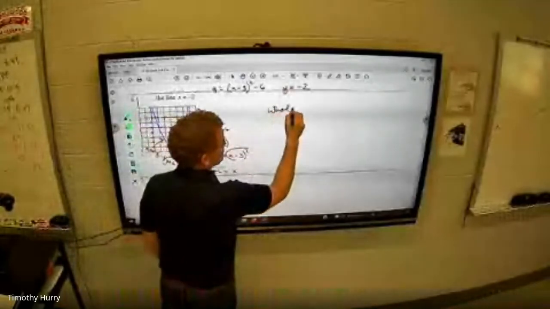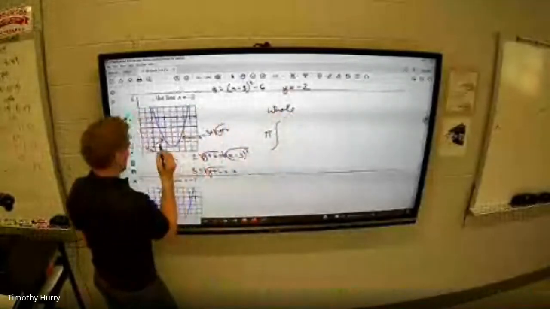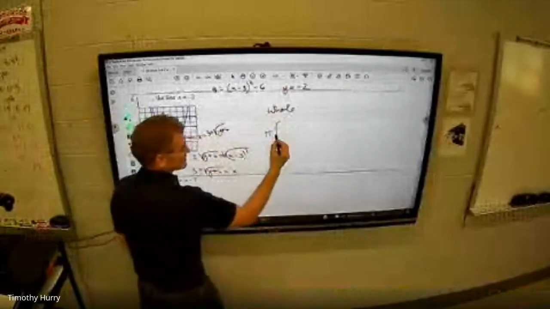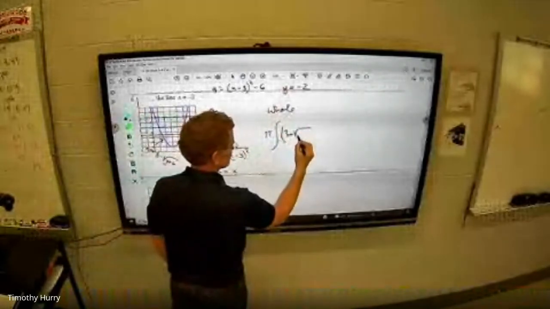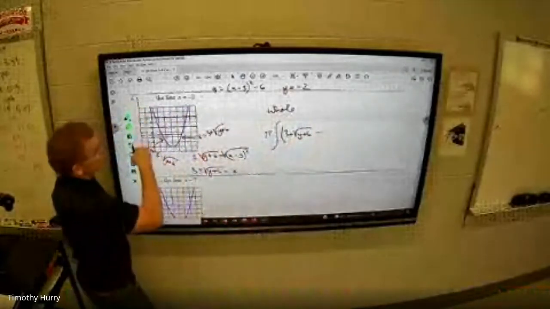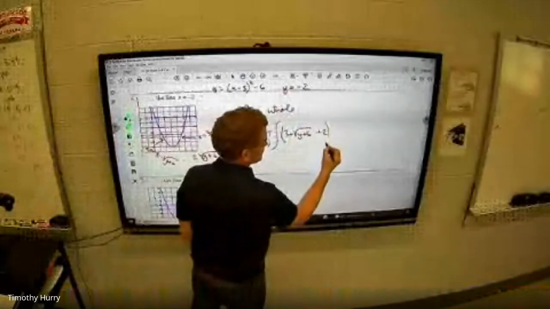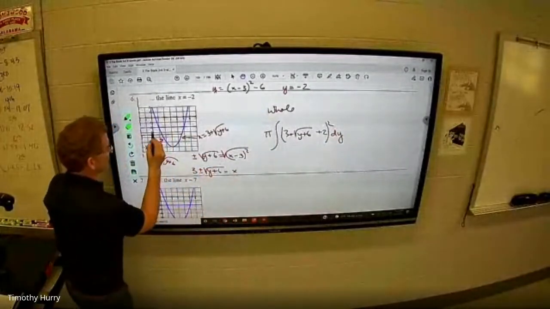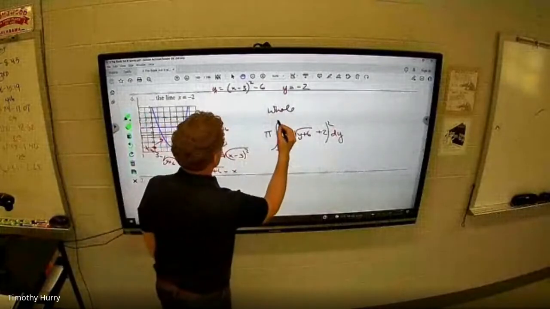So I would have to say, okay, pi, this outer to the axis would be that minus the -2 squared dy. And then I would have to come in there and go from y to y, from -6 to -2.